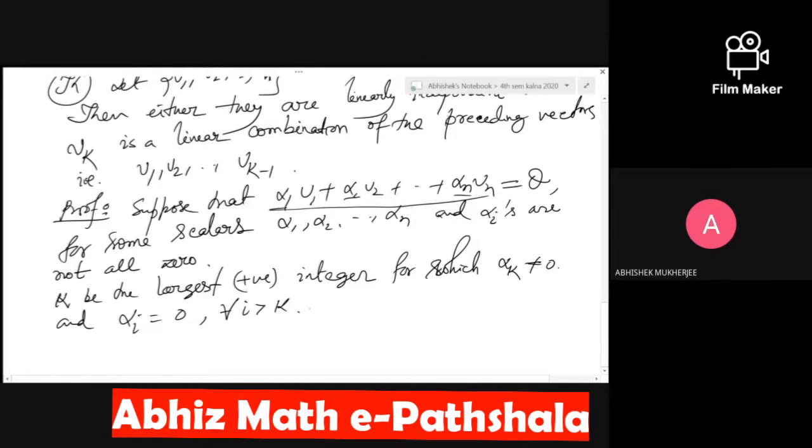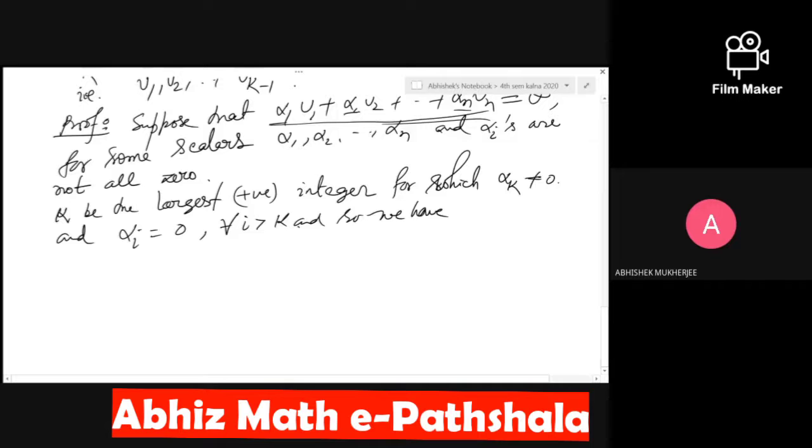And so we have, using the above representation, the remaining sum will be alpha 1 b1, alpha 2 b2, up to alpha k bk equal to theta, because after the kth term, all the terms are 0.